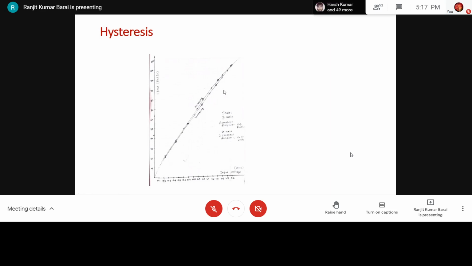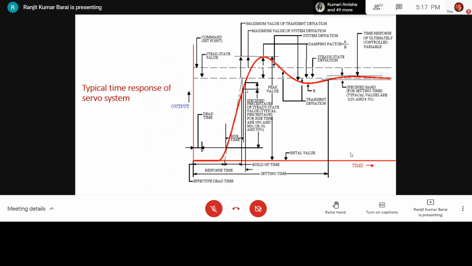Now, the last part of the experiment is the transient response. I have not performed the transient response experiment, but I will explain it qualitatively and quantitatively here. If I talk about the transient response of a typical servo system, it looks like this, slightly underdamped.